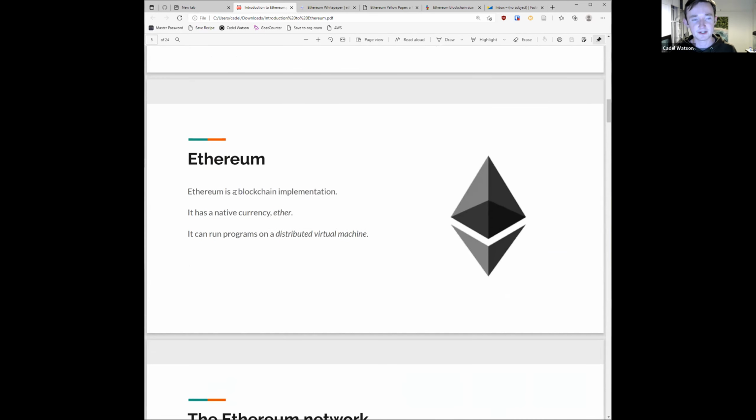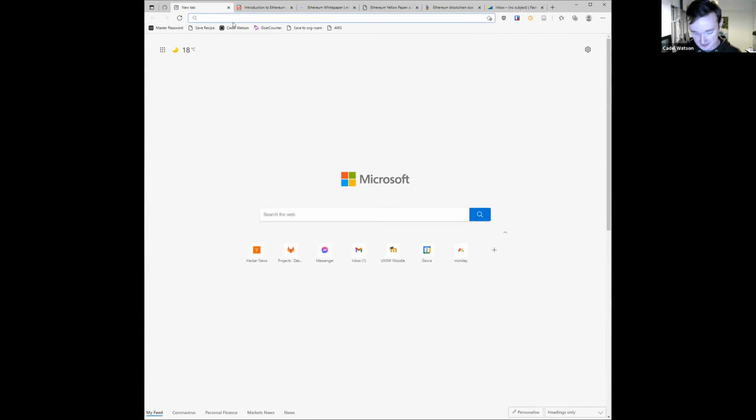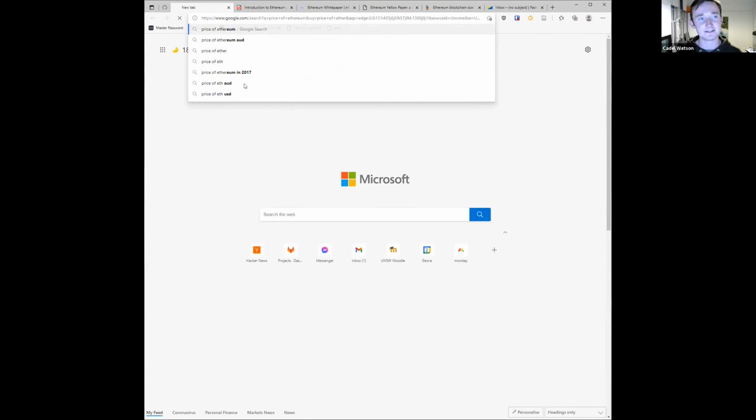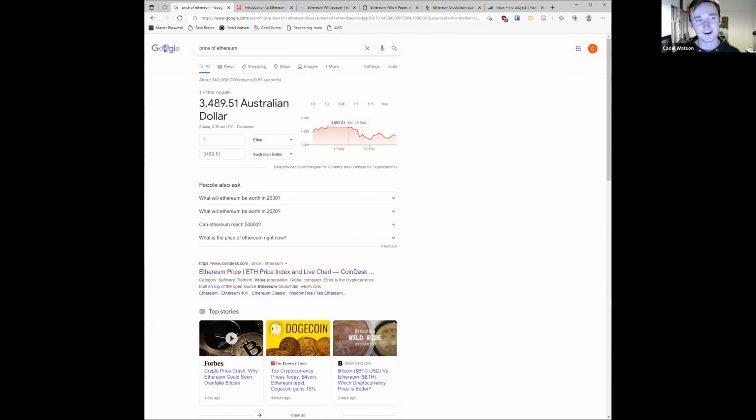Let's talk about Ethereum. So Ethereum is a blockchain, just like Bitcoin. It's a shared database around the world. And also just like Bitcoin, it does have a cryptocurrency. Whereas the Bitcoin cryptocurrency is called Bitcoin, in Ethereum it's called Ether. You've probably also seen that the price of Ether has become quite high. Whereas Bitcoin is like $40,000, an Ether on Ethereum is 3,500.